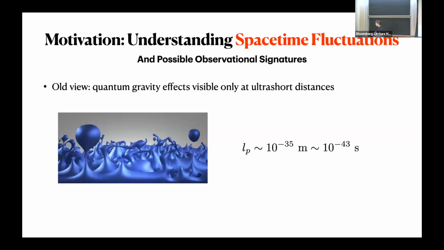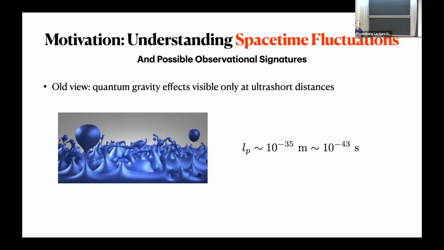All right, so what am I trying to get into? It's understanding space-time fluctuations, and ultimately, whether there might be some UV-IR mixing effects that could make them visible in experiments. Of course, we all know that the conventional view, which we understand from an effective field theory point of view, is that fluctuations in quantum gravity are not observable.